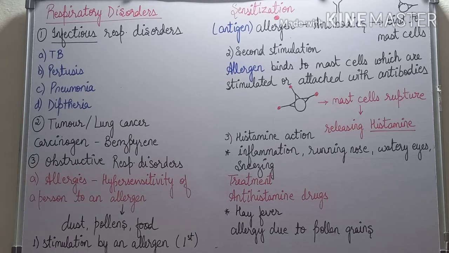So we need to either kill that person, or keep that person under strict watch. This is what is done by the antibodies. Our antibodies act as the soldiers of our body. They protect our body. Now when any allergen enters our body, it immediately starts producing a lot of antibodies.